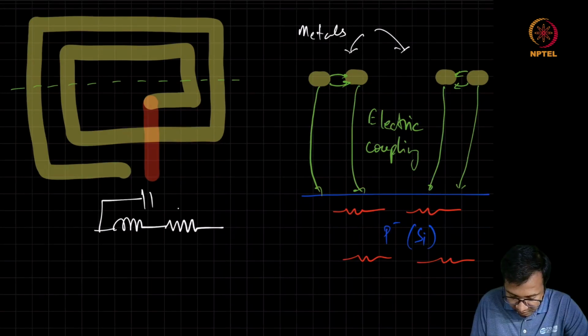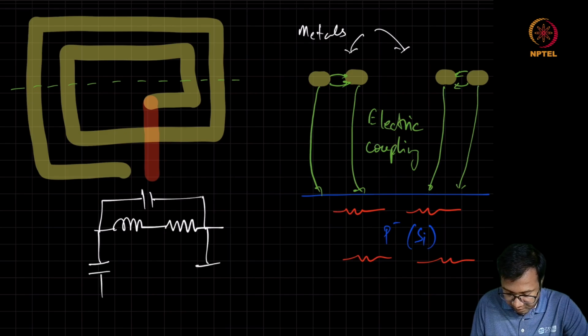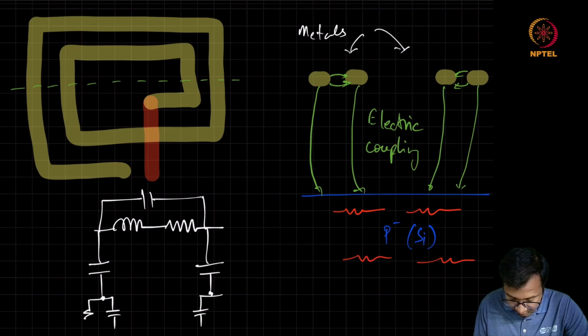By adding a capacitor between the terminals, then adding this capacitor to the substrate, and the substrate itself will be modeled as a lossy dielectric.